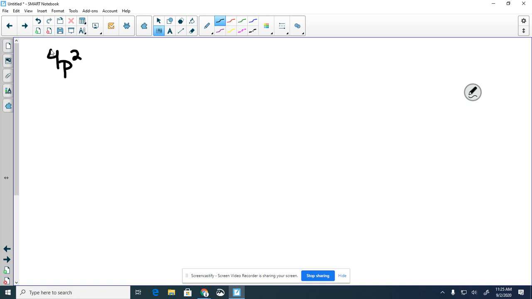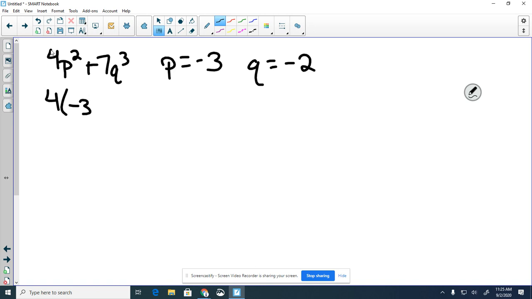Four p squared plus 7q cubed. We let p equal negative 3 and q equal negative 2. So we plug them in. Okay. Now if you're going to work it all the way out, I would just work down the line here.